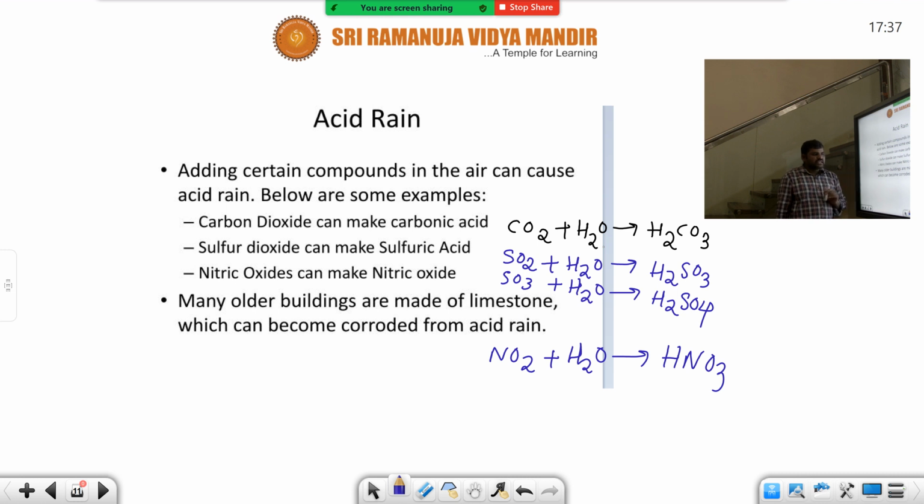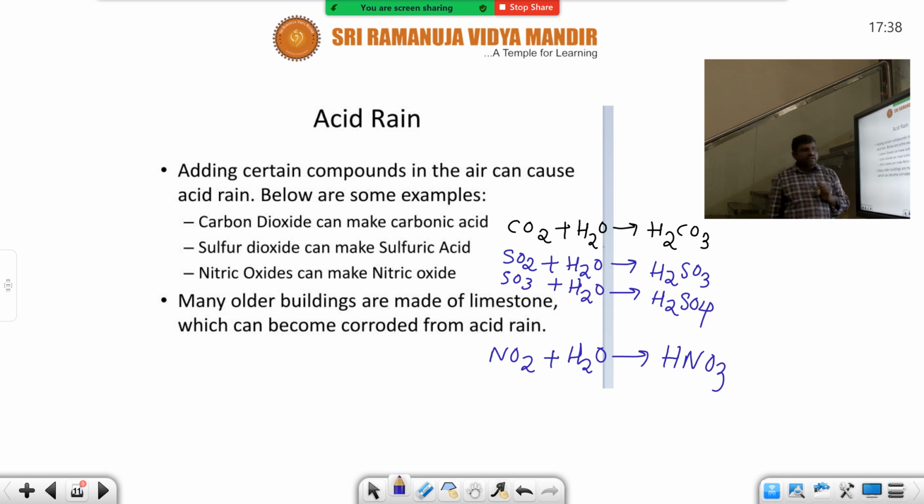Many walled buildings, that is, historical monuments like the Taj Mahal, which was constructed long ago, the Red Fort, and our Parliament, so many historical monuments are made of limestone. What is limestone?